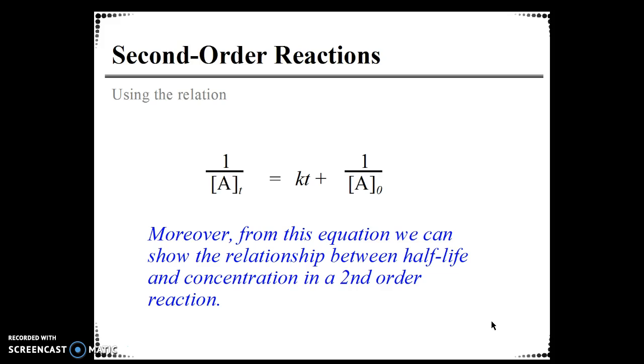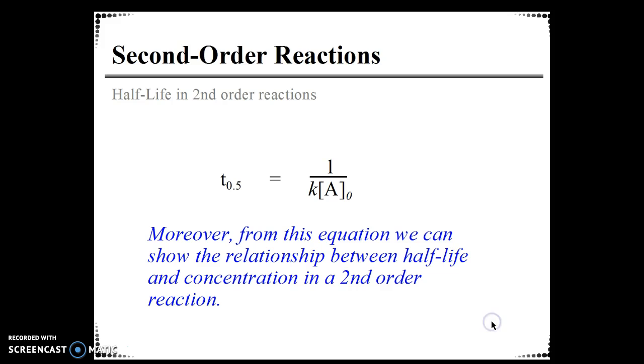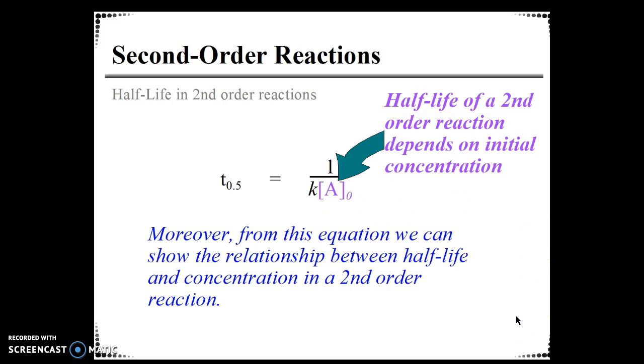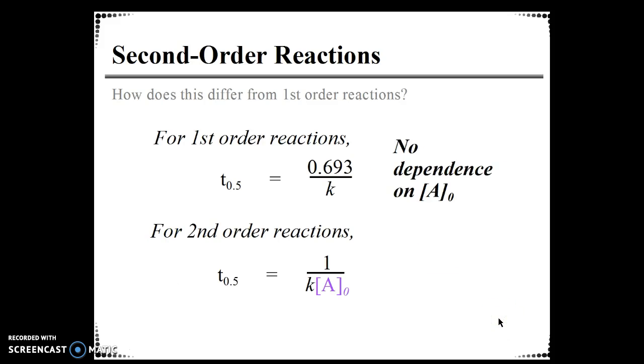Remember, in a first order reaction there was no relationship. The half-life was fixed. In this case, the time at 0.5, t½, is equal to 1 over k times the original concentration of A. The half-life of a second order reaction then does depend on the initial concentration. How does this differ from first order?